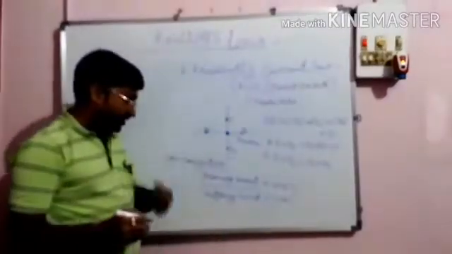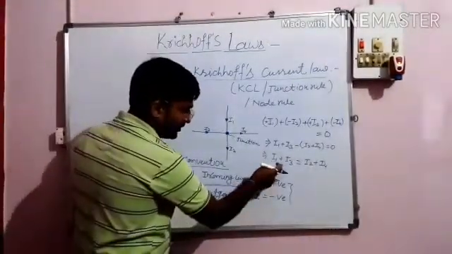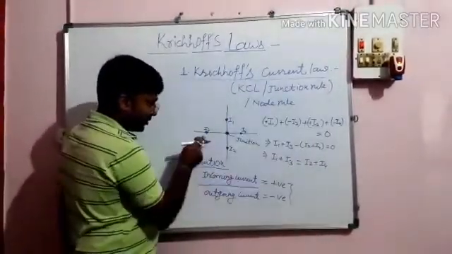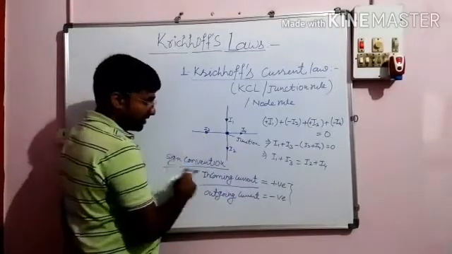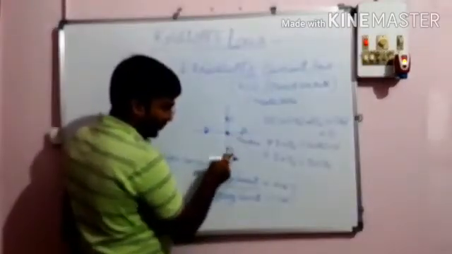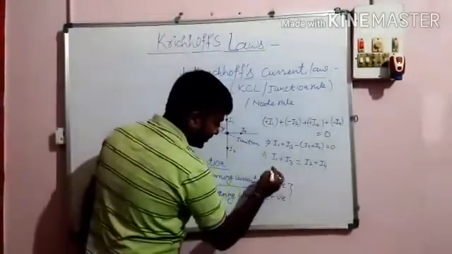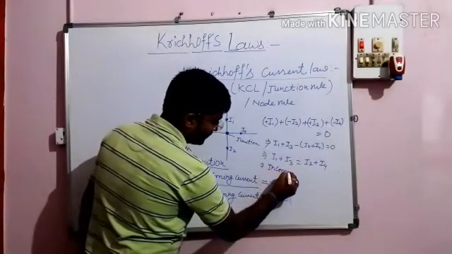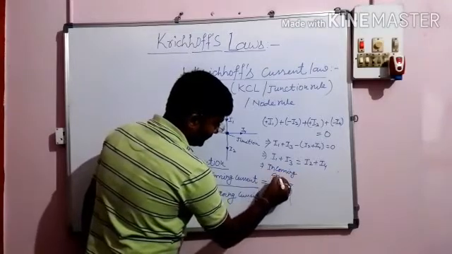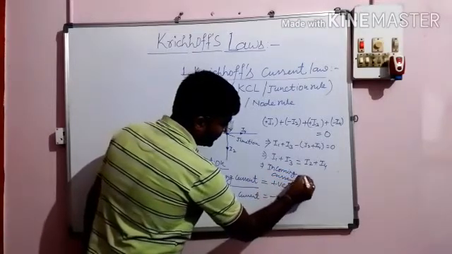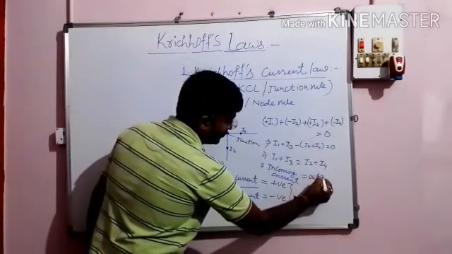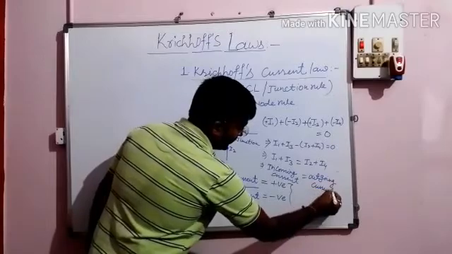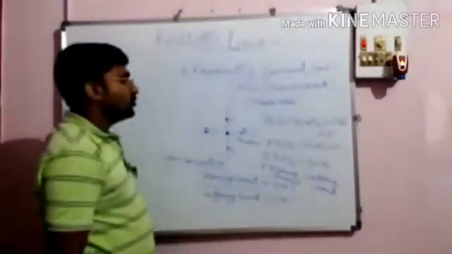I1 and I3 are incoming currents, whereas I2 and I4 are outgoing currents, and the result is incoming current is equal to outgoing current.